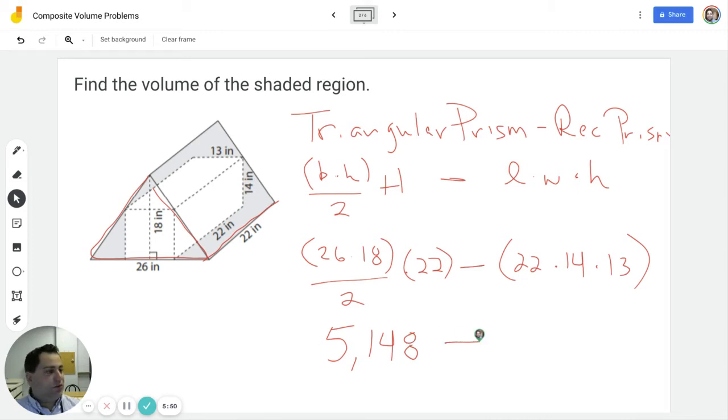Minus 22 times 14 times 13 is going to be 4,004. Subtracting those, I get 1,144. And that's in inches cubed.